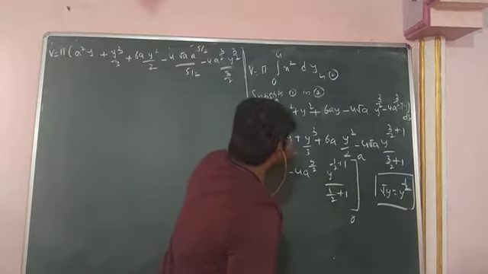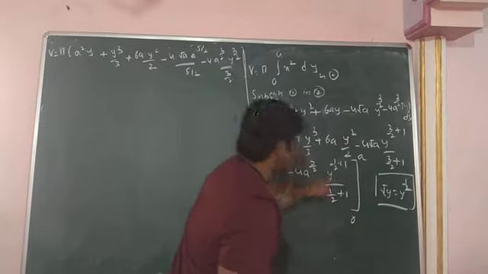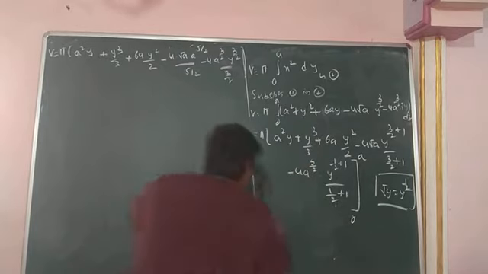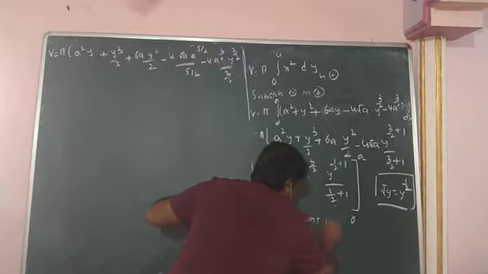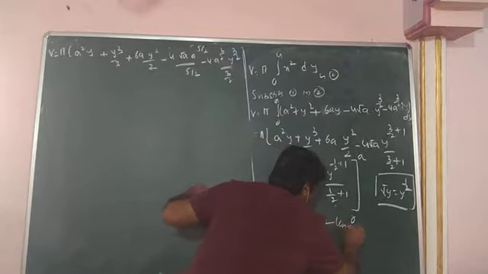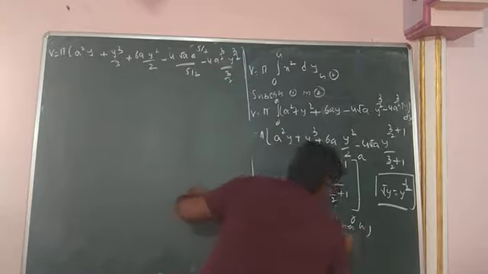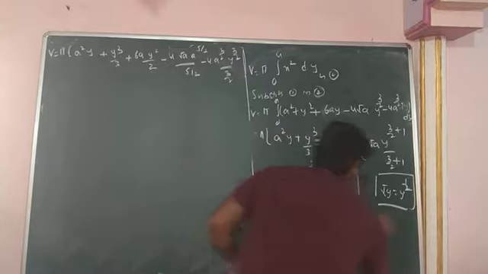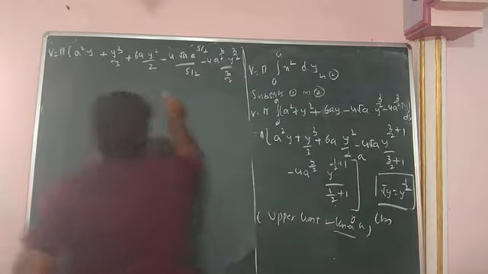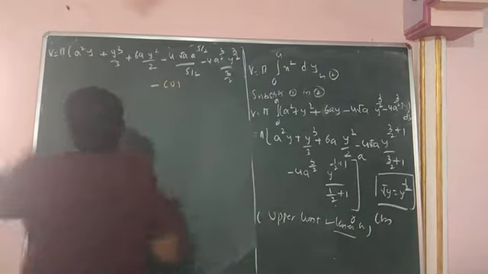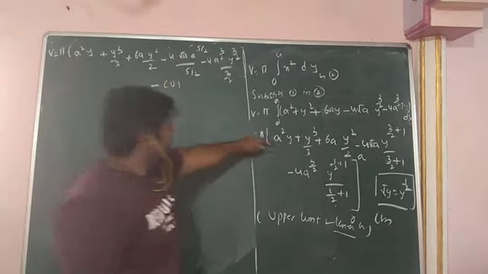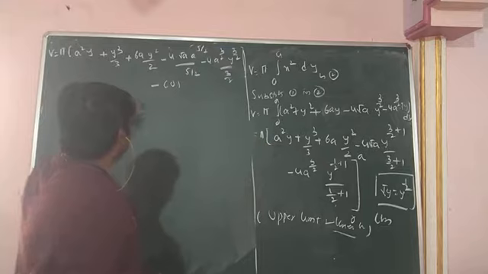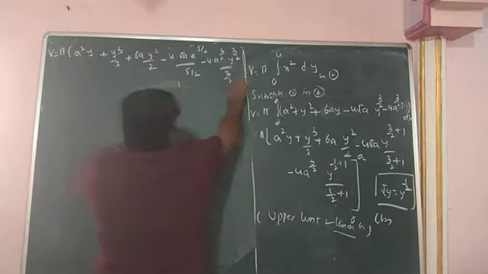So the value is upper limit minus lower limit. The lower limit equal to 0. The upper limit equal to a. So we substitute that in the integral from 0 to a.